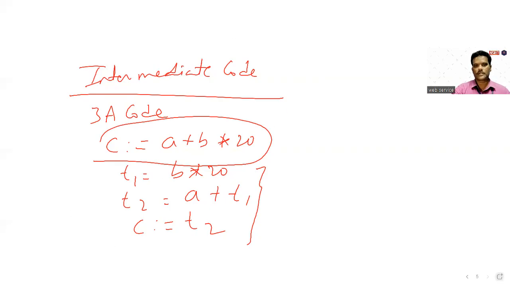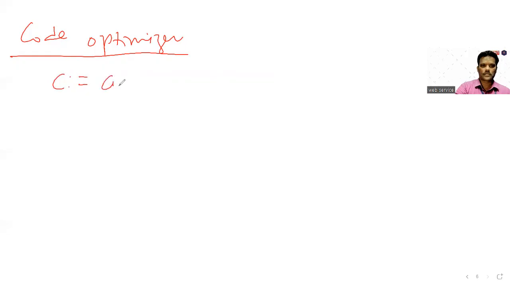After that, there is the code optimizer. In the code optimizer, suppose the equation is A plus B star 20. T1 equals B star 20. T2 equals A plus T1.